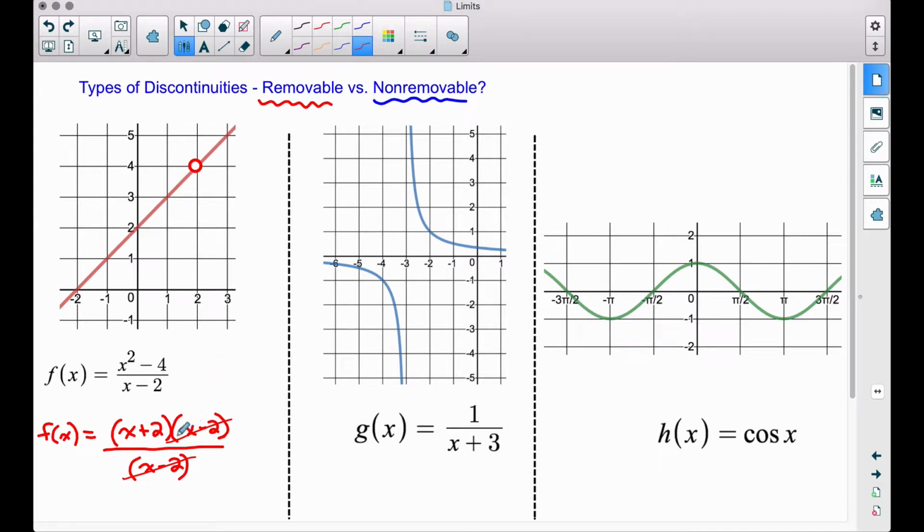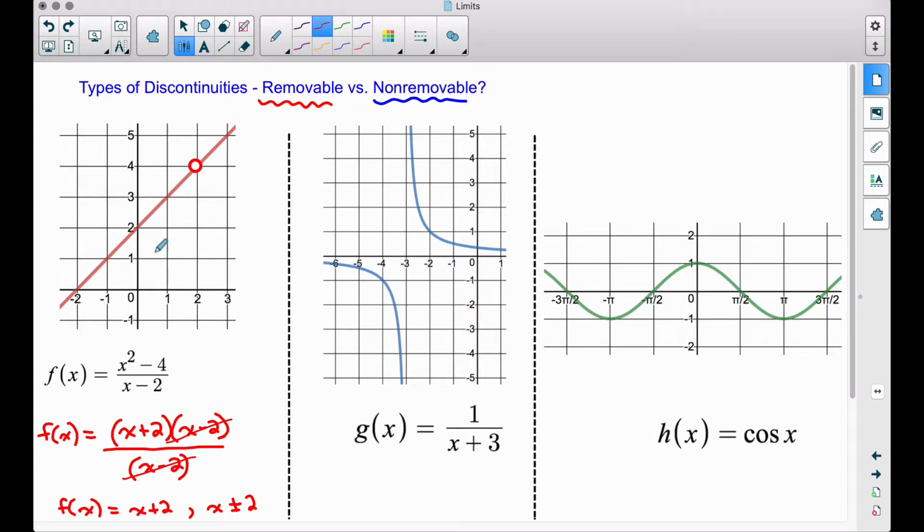But since I'm removing the only x minus 2 factor at the bottom, that's what's causing this hole to pop up. As a matter of fact, that's what's causing this graph to be a line, because all we're really left with is f of x, once we simplify it, equal to x plus 2. Again, such that x cannot be equal to a positive 2, because notice, if we plug a 2 into here, we get a 0 in our denominator, and we can't divide by 0.